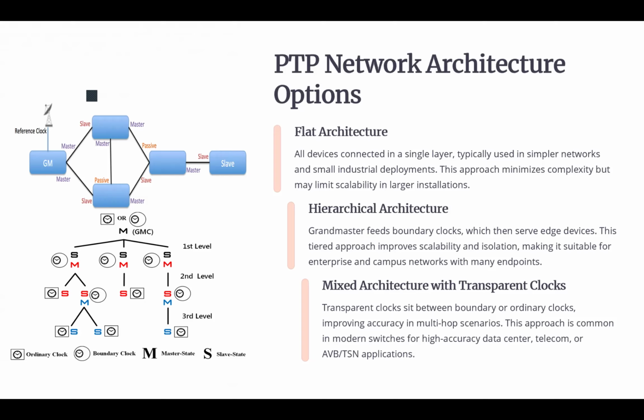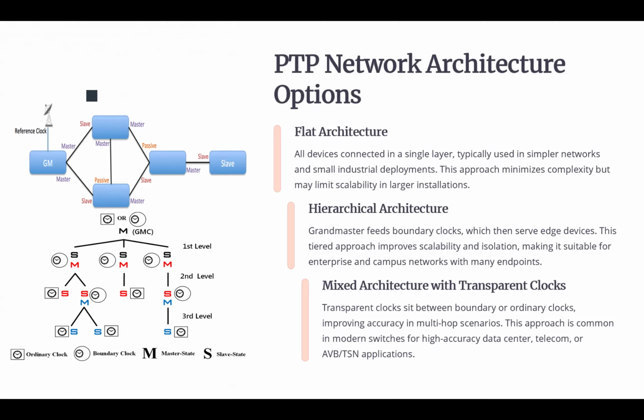The grandmaster sits on the top. It would send the messages to the boundary clocks. Each boundary clock is responsible for a certain section or a certain group of devices, which basically transfers the message that is received from the grandmaster to the devices that are connected to that specific boundary clock.